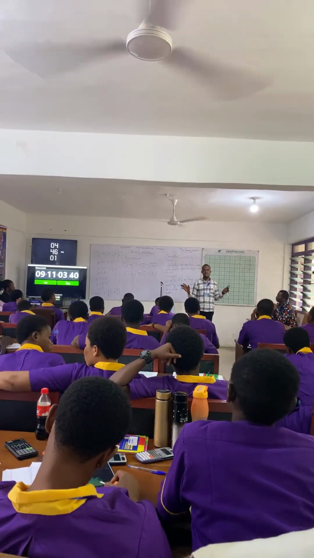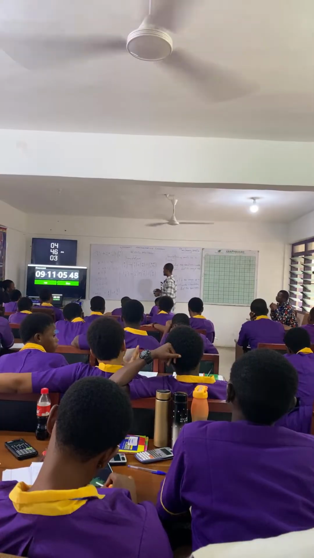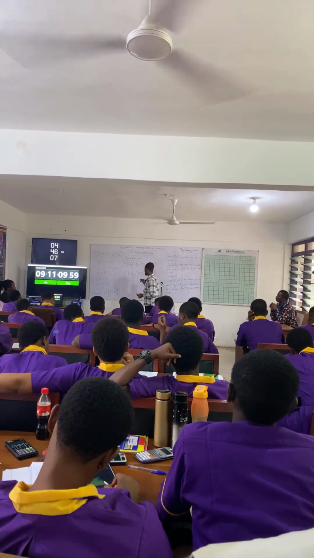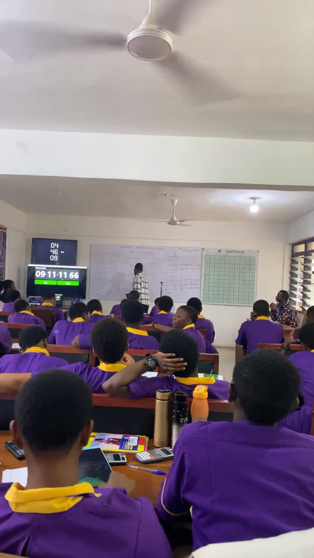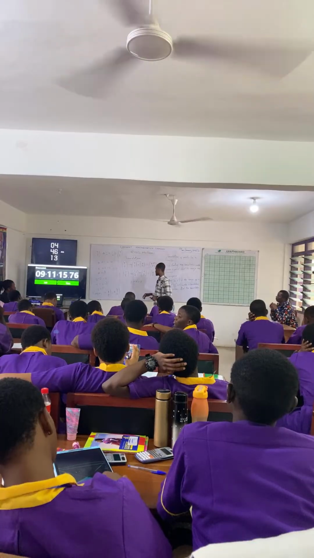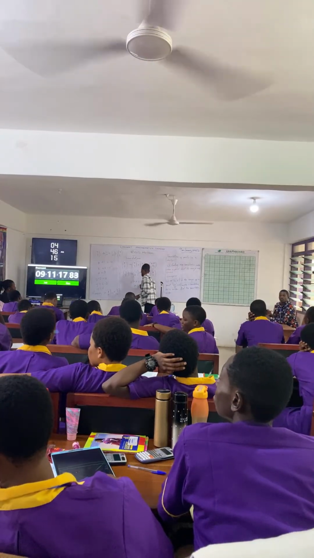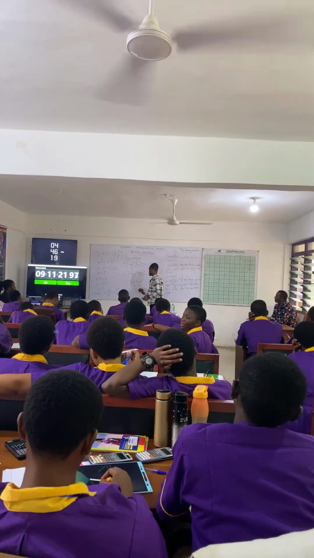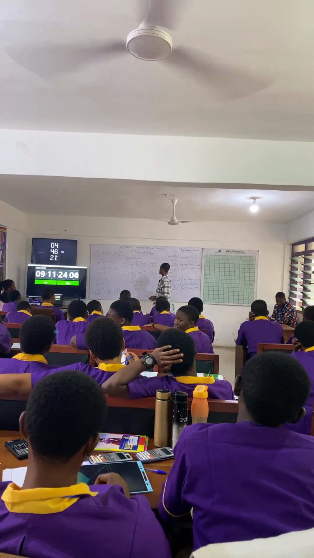The same strategy that we used to solve the previous example is what we are going to use. Equate the x values. We have a present over there, so 1 plus a equals 2. Make a the subject, so a is equal to 2 minus 1, and a is equal to 1.